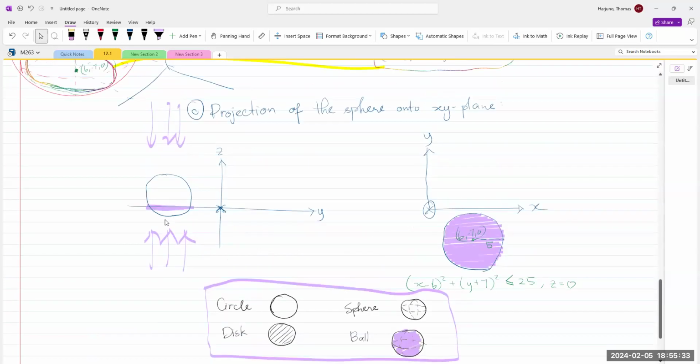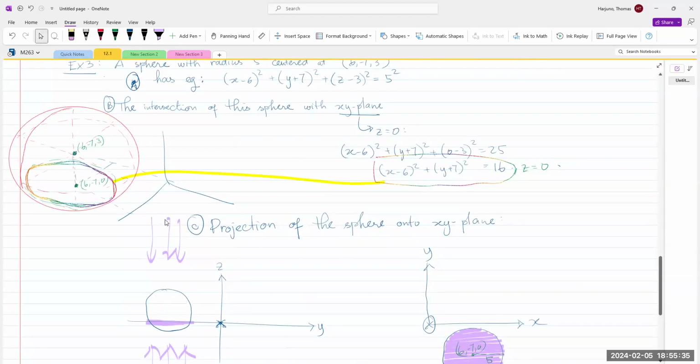When we look at this sphere here, the one in red, how far is this sphere from the origin? Now, notice I didn't say the distance of the center to the origin.